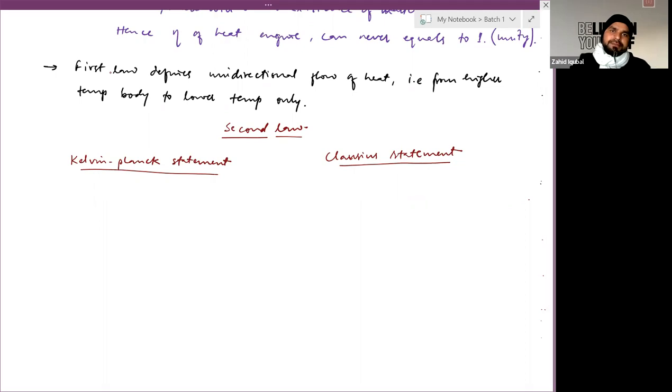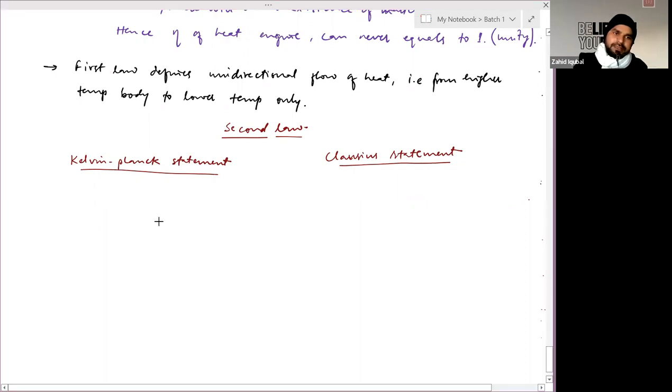In first part, for Kelvin statement, it says, suppose this is any source.